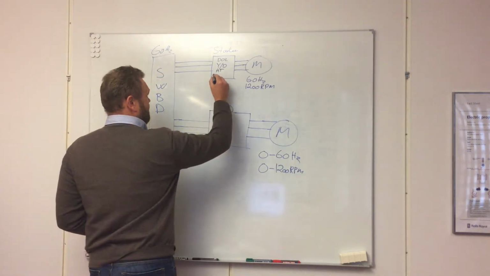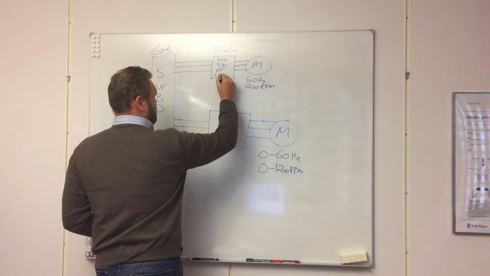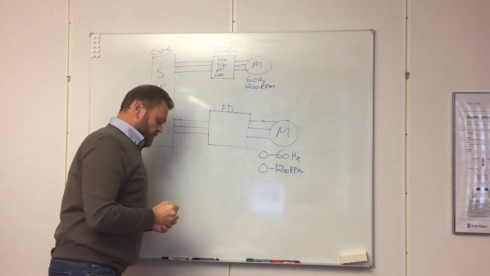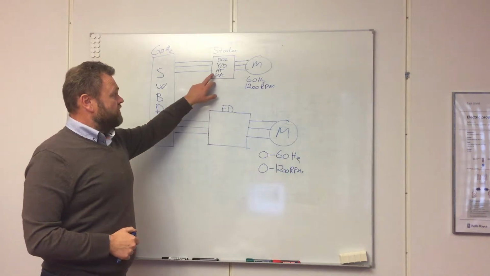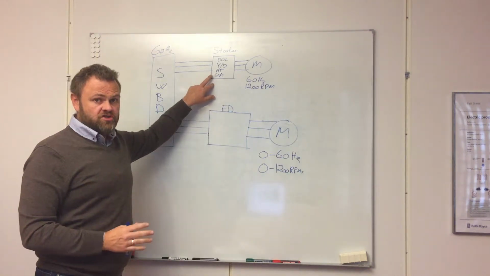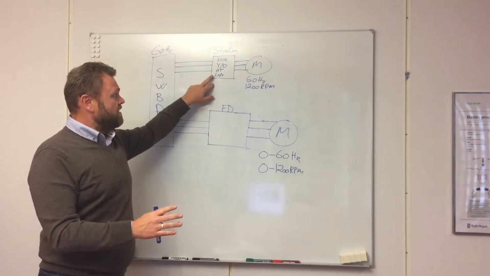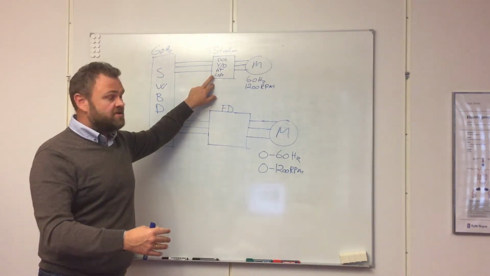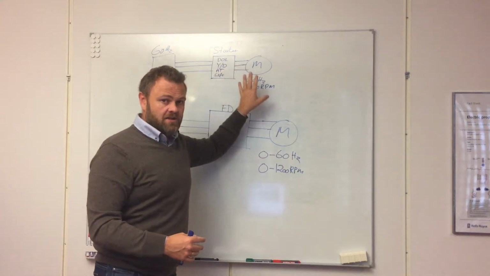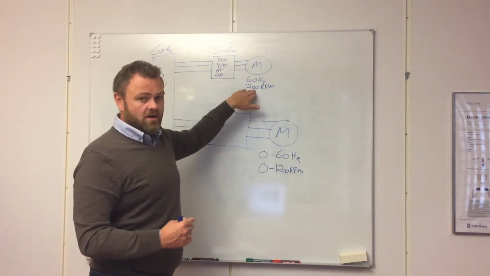And we may add soft starter, which is an expensive starting device. A soft starter will just give you a soft start, but after the starting sequence, the motor will still run at fixed RPM.